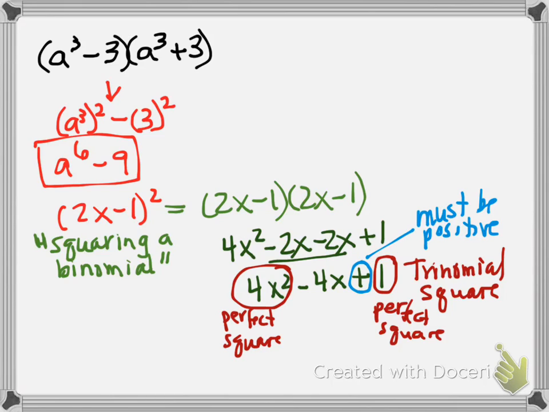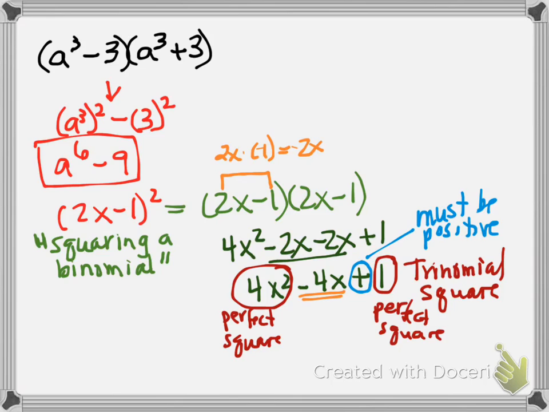Where's 2x and negative 1 in your original binomial? It's the terms, right? So if I take these two terms and multiply them, I get negative 2x. But because my signs are exactly the same, when I do the other multiplication, I'm getting the same negative 2x. So basically, if you just take the terms in your original binomial, multiply them, double them, you get your middle term.